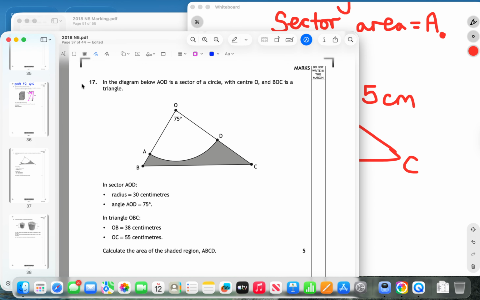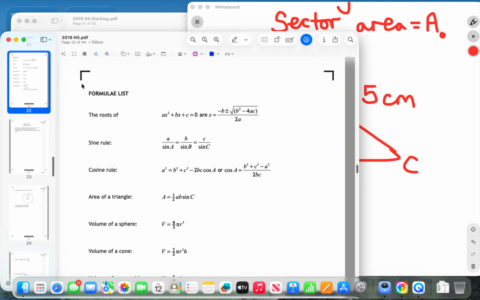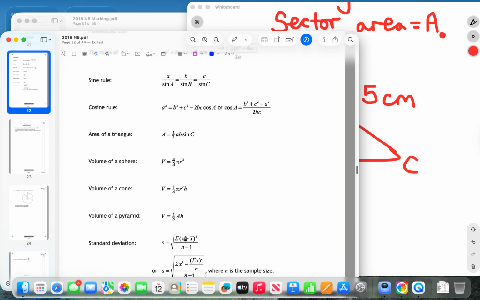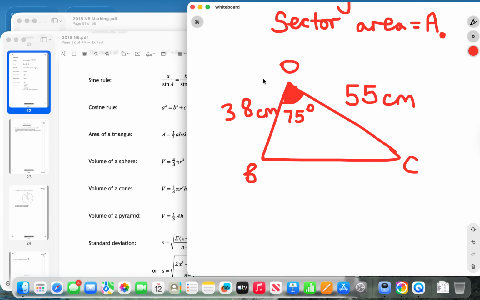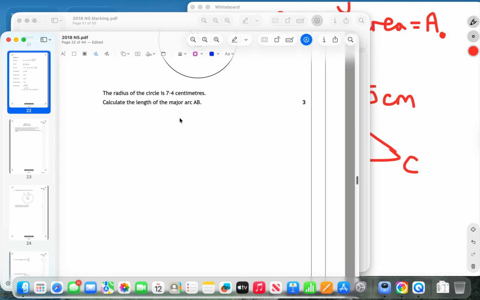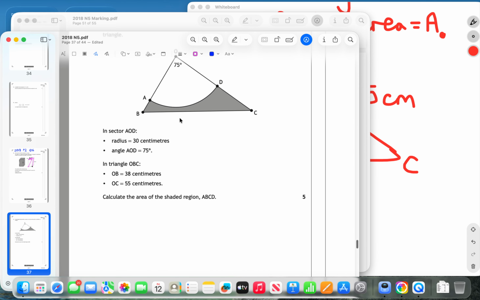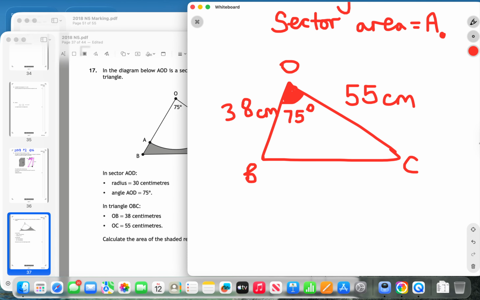The formula for the area is given to you as 1/2 ab sine C. But if you know in trigonometry, in this case we have OBC instead of ABC. But it doesn't matter, we can adapt the formula here.